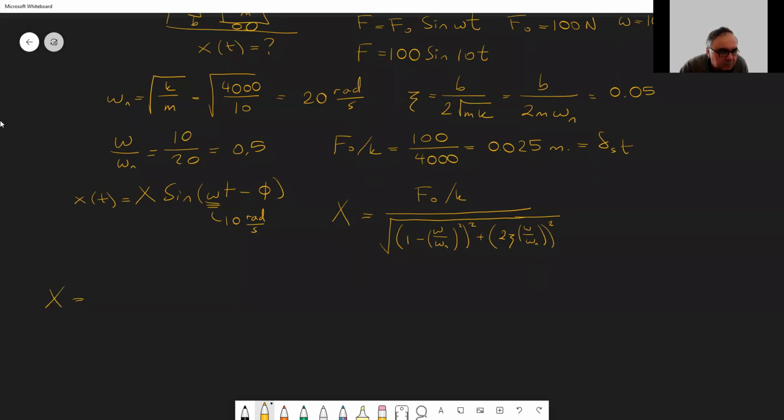So x is equal to F0 over k, 0.025, divided by the square root of 1 minus 0.5 squared, squared, plus 2 times 0.05 times 0.5 squared.